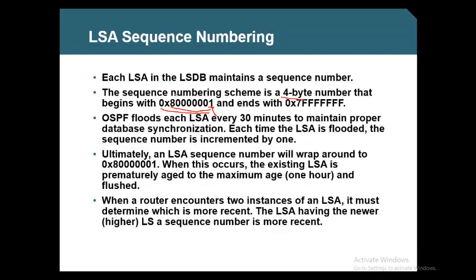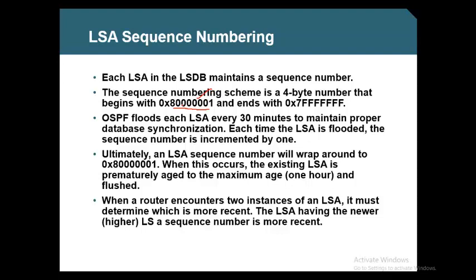So I have 1, 2, 3, 4, 5, 6, 7, 8 digits, 8 multiplied by 4, 32. Okay. So this is the very first packet, the very first sequence number.